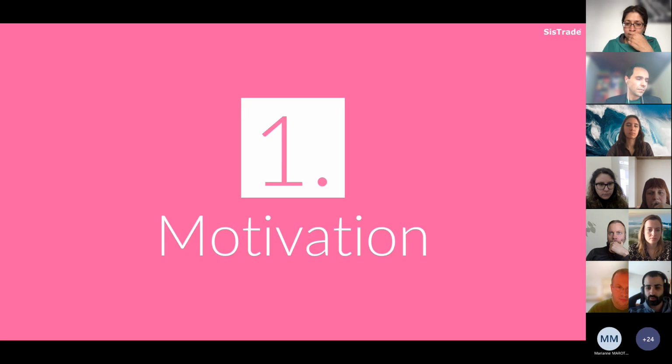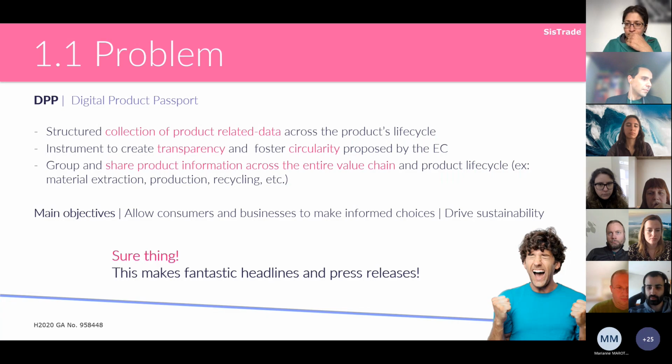So starting with the motivation, let's talk about what is DPP. DPP is a structured collection of product-related data across the product lifecycle. It's an instrument proposed by the European Commission to create transparency and foster circularity.